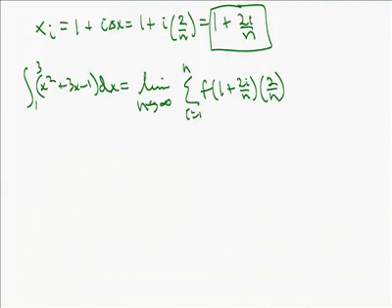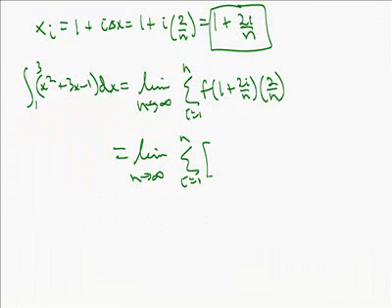Okay, so what's that equal to? Well, that's equal to the limit as n goes to infinity of the sum i goes from 1 to n. Now, what does f of x equal? f of x is all this. So this is going to be 1 plus 2i over n, squared, plus 3 times 1 plus 2i over n, minus 1.